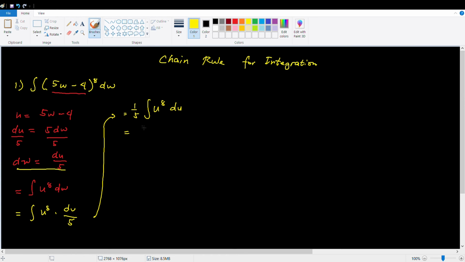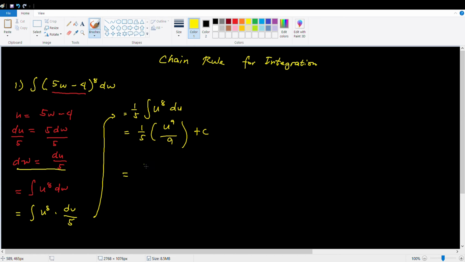and this is equal to 1/5 times u raised to 9 over 9, since we just added 1 to the exponent 8 and divided by the sum of the exponent plus 1. So this is our answer, but this is not yet our final answer.